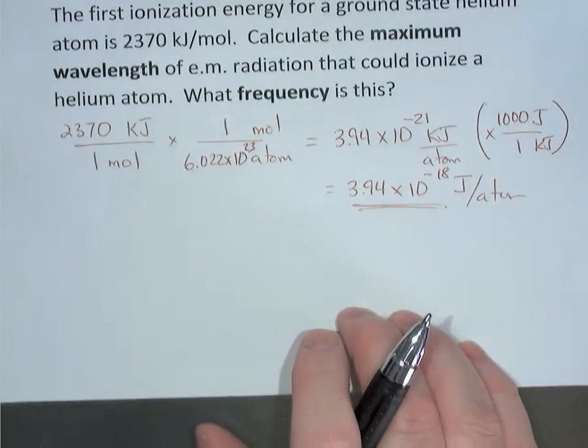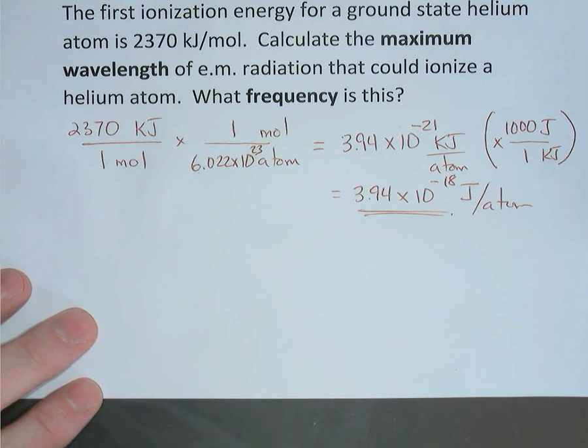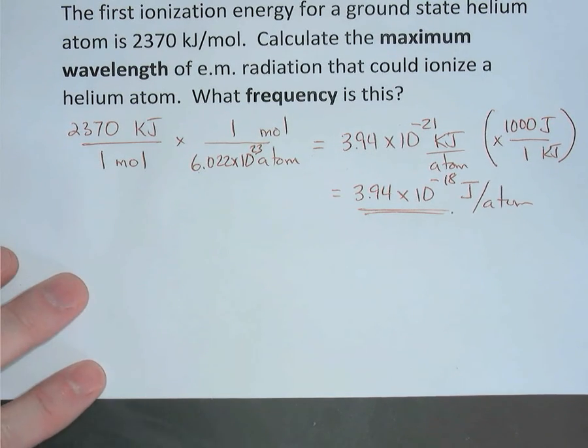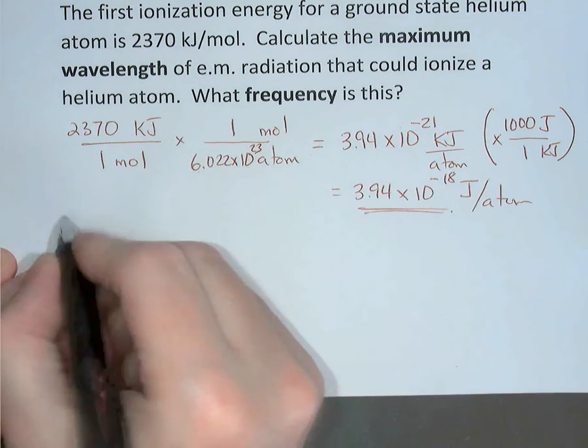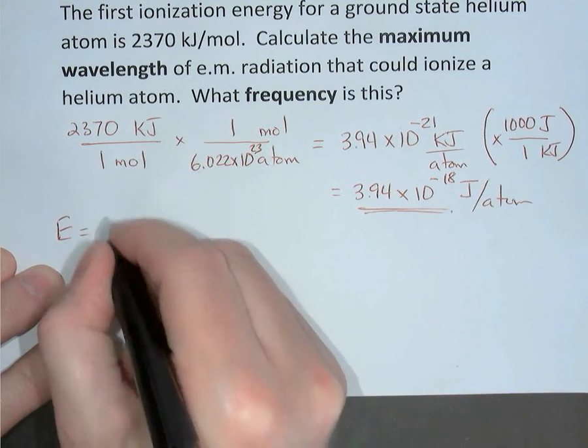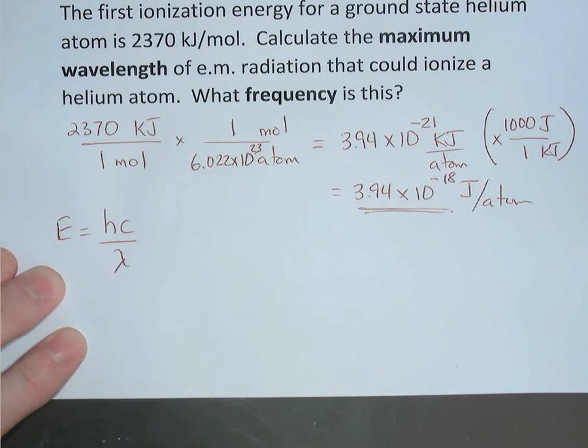So now that we're here, we can ask ourselves, well, what wavelength of light would correspond to that energy? If we think of Planck's equation, we know that E equals hc divided by lambda. Lambda is wavelength.